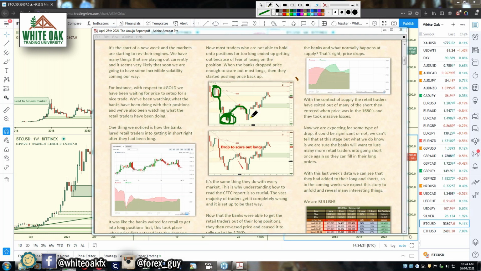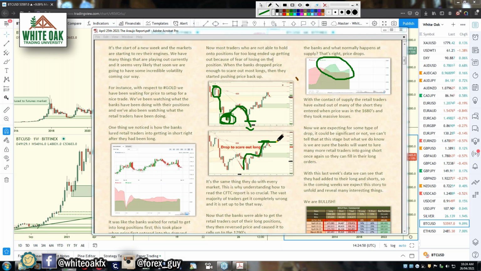So then they got in short when it was down here because they thought, oh, okay, it's going to continue lower. Well, that was the setup for the institutions to come in with their longs, and then they push price up. And so now they're starting to turn bullish as supply is being hit. So that leads me to believe that we're likely going to get a push down like that.